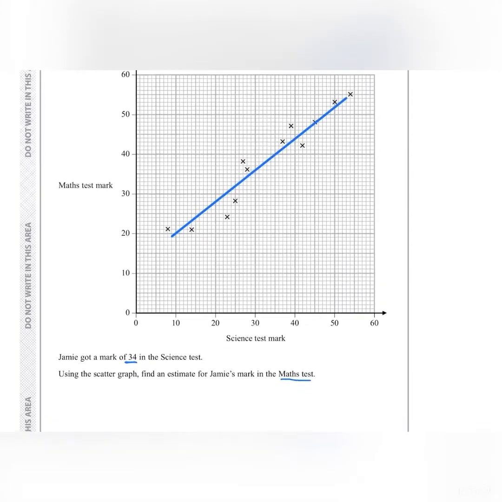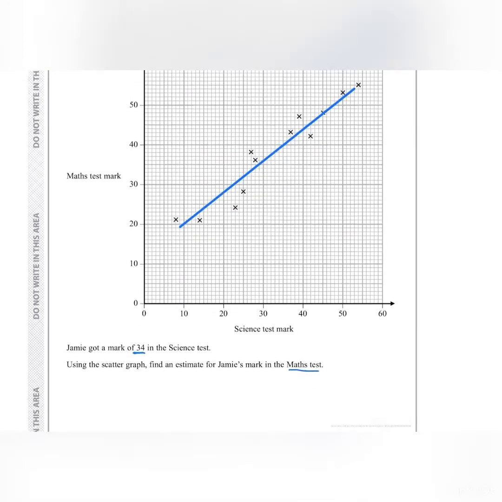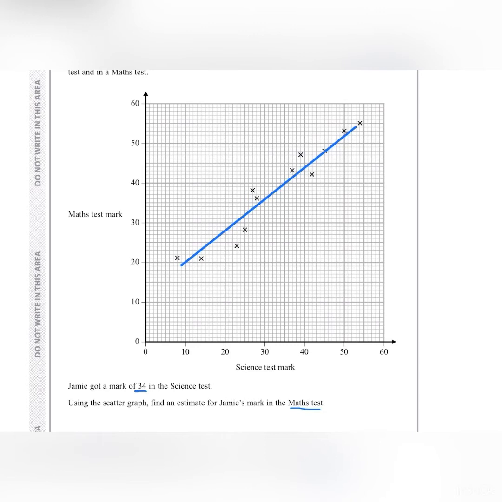Then it says Jamie got 34 marks in the science test, and find Jamie's maths marks. So for 34 marks, we need to draw another line from the science test marks. 34 is roughly here.